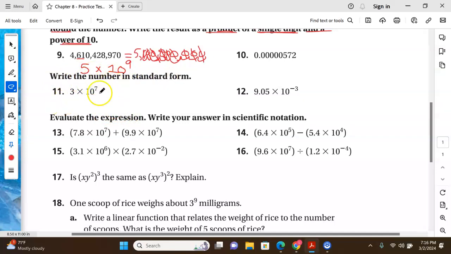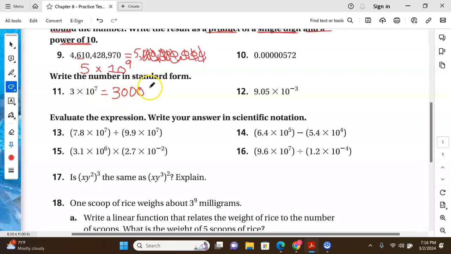So here you have a number that is in scientific notation. They want you to turn this number into standard form. So 10 to the 6 is a million, so 10 to the 7 is going to be 10 million, right?